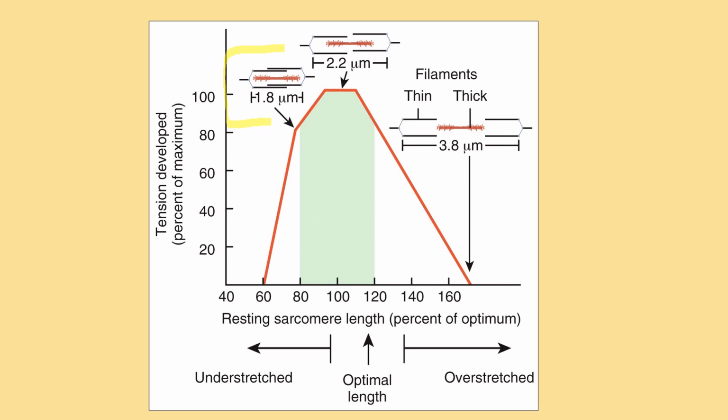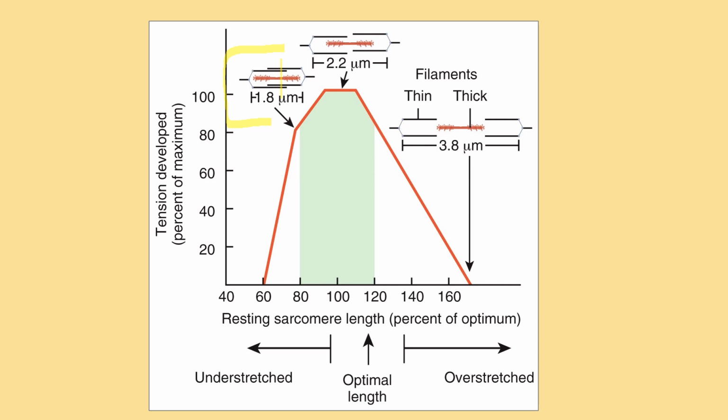Because this sarcomere was understretched at the onset of those events, at the beginning of the muscle action potential, it means that there's less room for the sarcomere to further shorten. And let's think about that. Do we see these thin filaments and their relationship to each other, as well as to the thick filament?